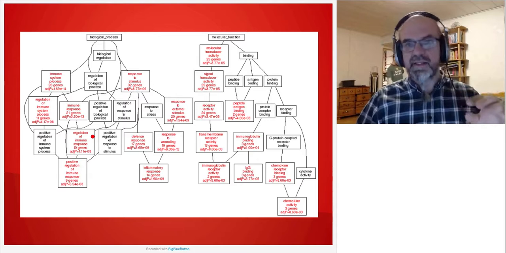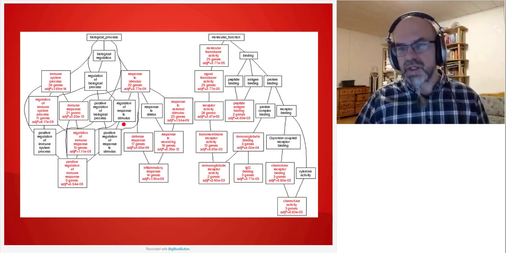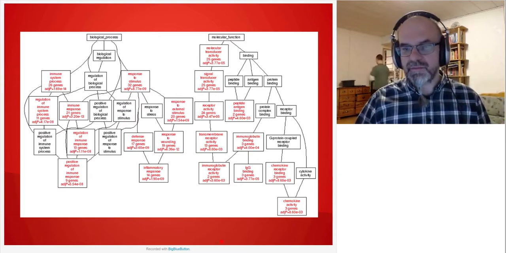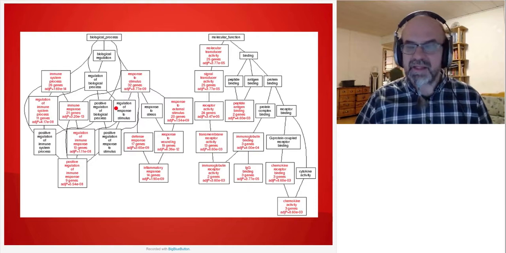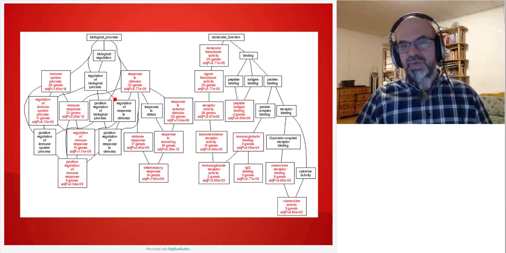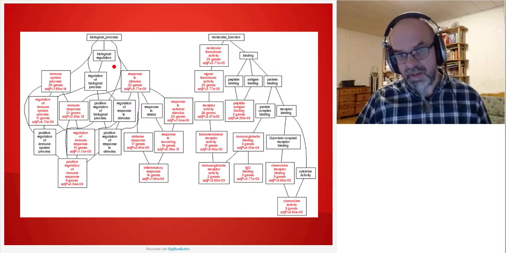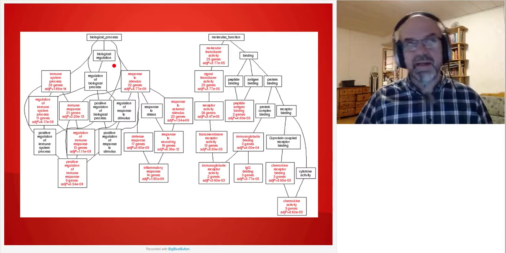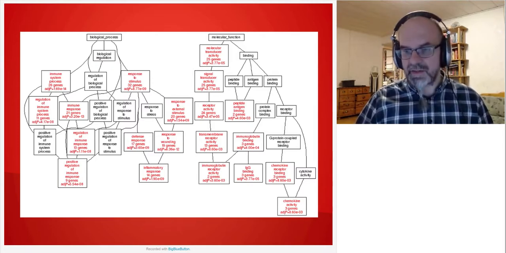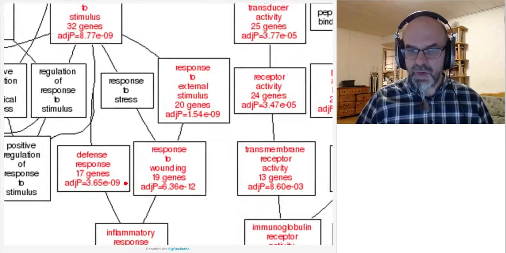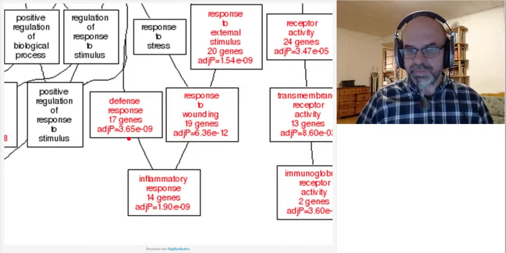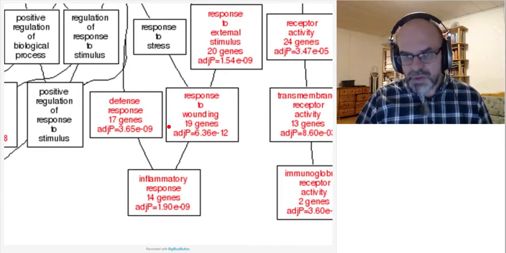And this is sort of obvious, so it's not very helpful to find a list of genes which are associated with biological regulation. That's really not a meaningful description of your target genes.